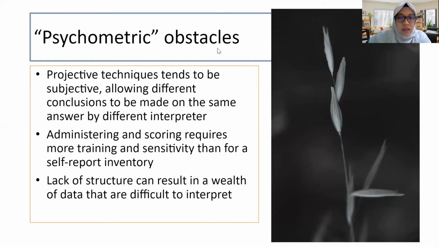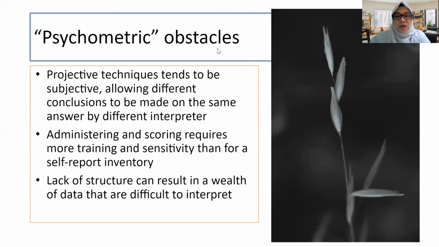Okay, and the other obstacle here is the lack of structure. As you already understand about the characteristics of projective techniques, do you still remember? That's right, the ambiguous stimuli and also the unstructured task lead to a lack of structure to be understood by the test taker. So they will just give responses over and over again.